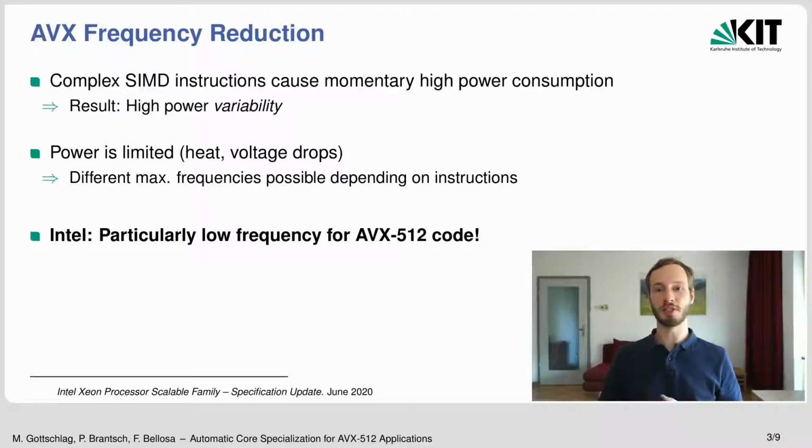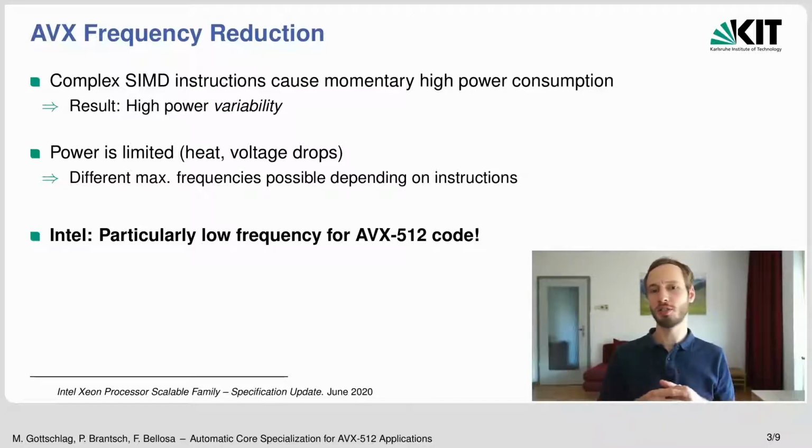And that's a problem because the performance of modern CPUs is mainly limited by their power consumption, both due to limited heat dissipation and due to power supply limits. So in such a workload, the different parts of the workload can actually be executed at different maximum frequencies without violating those limits, simply based on the instructions executed.